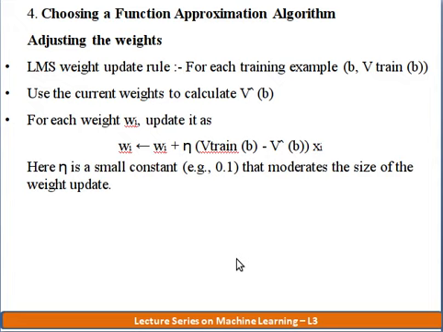Now for each weight wi, the updated weight is calculated as new wi equals old wi plus eta times V train of b minus V cap of b times xi, where eta is a small constant used to moderate the size of the weight update, xi is the feature, V train of b is the training value, and V cap of b is the predicted value.